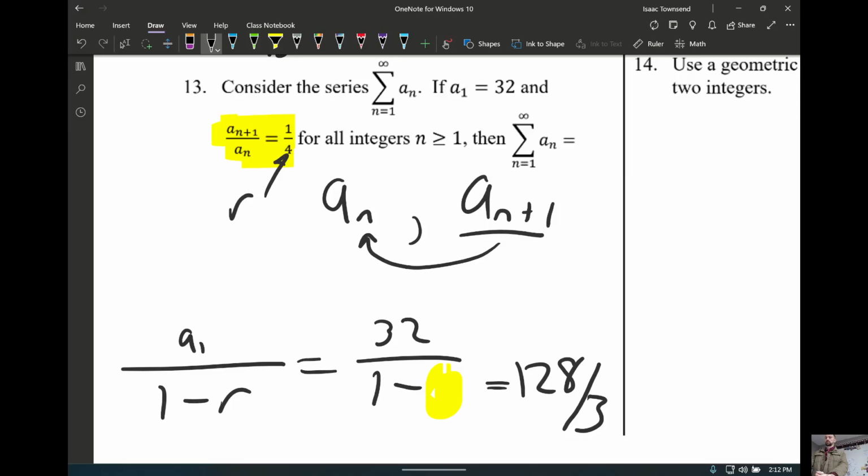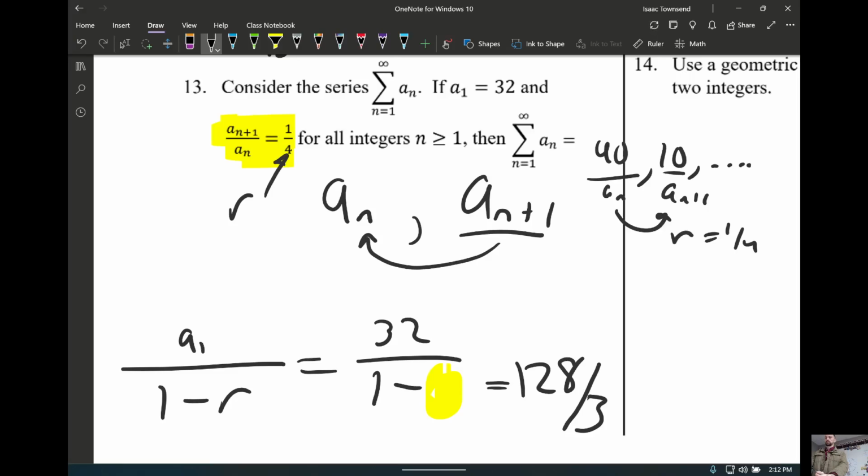Let's pretend these are part of our sequence. If I take a sub n plus 1 and divide it by the term before it, a sub n, you can see that that is r, which is the same thing as multiplying by 1/4.